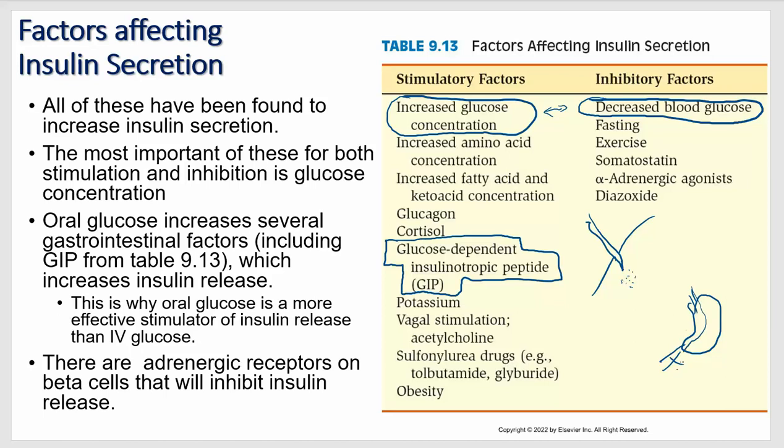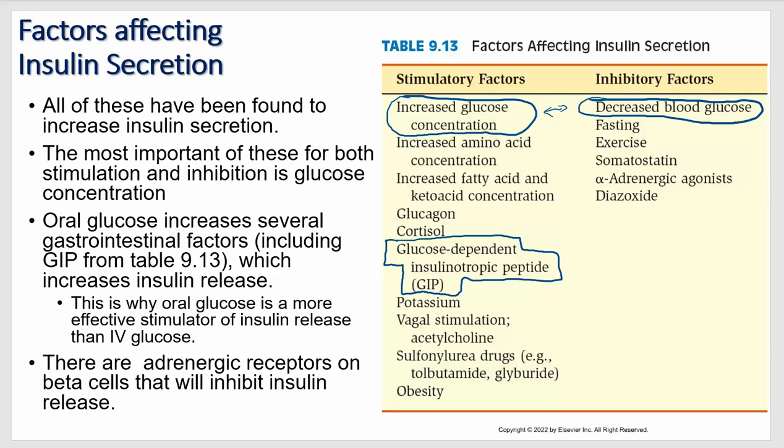That's going to cause the release of these hormones that can then go tell the pancreas to release insulin. If you just give it in the blood, you don't have this bonus stimulation of insulin. So you can see why oral administration of glucose is going to more effectively stimulate insulin release than IV glucose. Okay, so hopefully that makes sense.